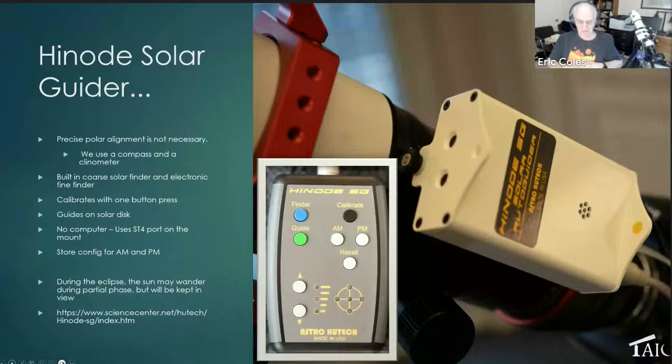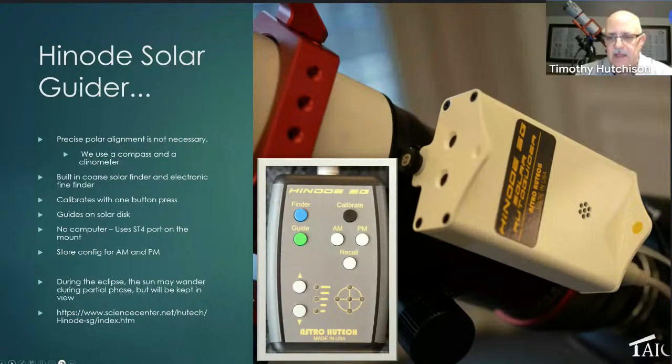Frankly, through totality the guider's not going to be functioning, but that's only for about 4 minutes if you're on the center line. For that 4 minutes, you're relying on the mount to track the sun, and in 4 minutes, let's face it, we're not going to have a problem, or certainly I'm not going to at my focal length. Maybe if you were at 2,000 millimeters, you might have more of an issue.